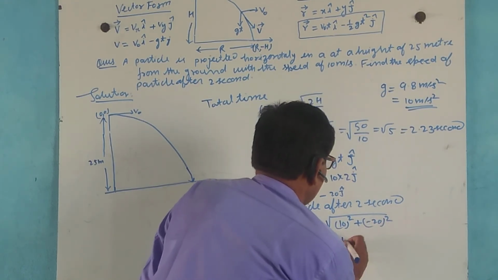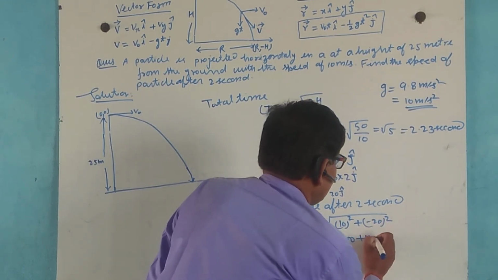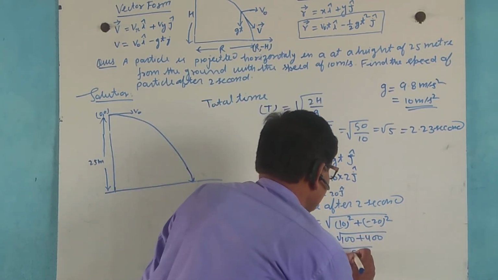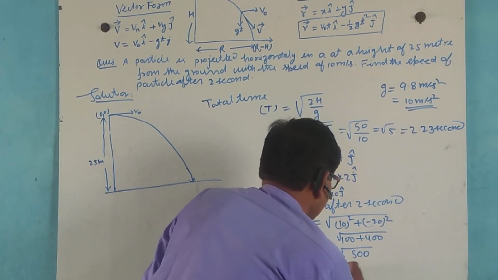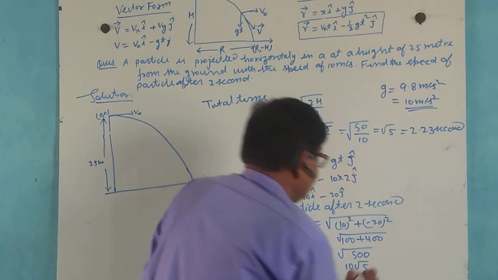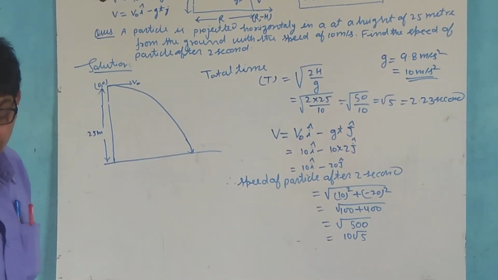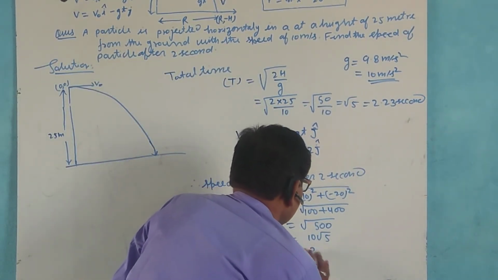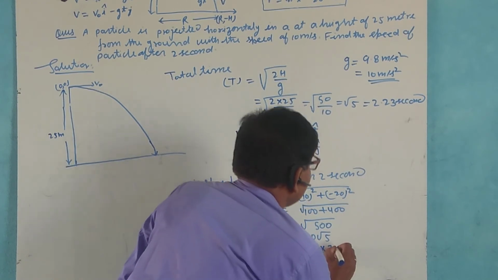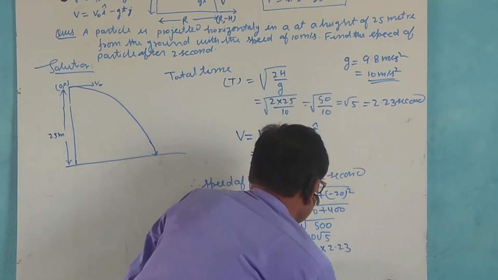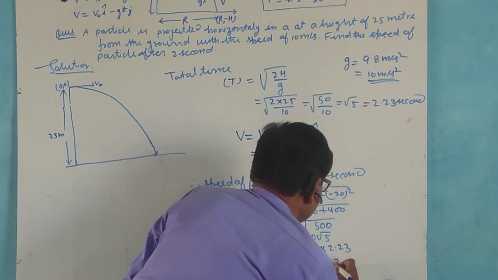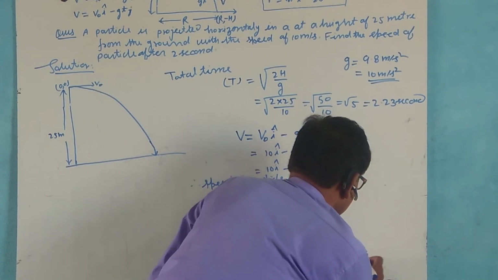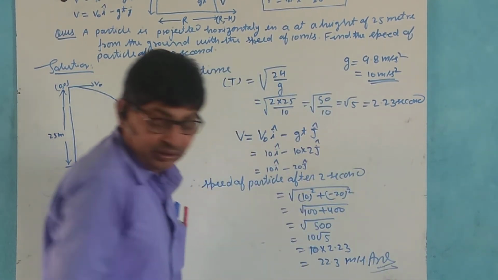This is equal to 100 plus 400, which is under root 500, so this is 10 root 5. With root 5 equal to 2.23, 10 into 2.23 gives 22.3 meter per second. This is our answer here.